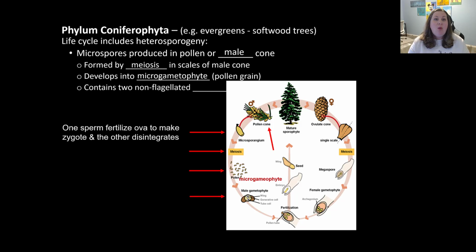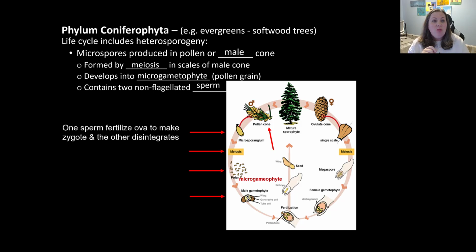Okay, now when we look at this pollen, the pollen is going to contain 2 non-flagellated sperm. Now, this is the first time we're seeing no flagella, so we are not going to rely on water here. We're going to rely more on wind and pollinators.